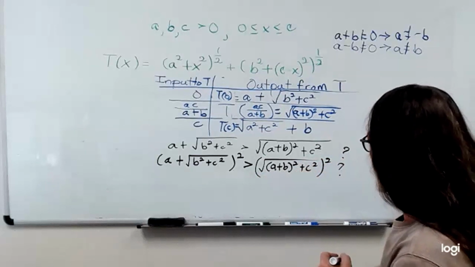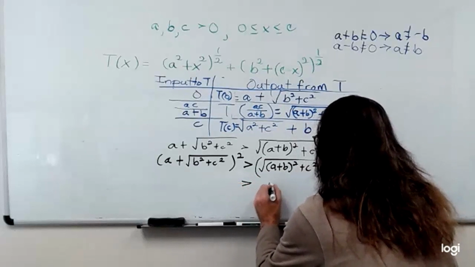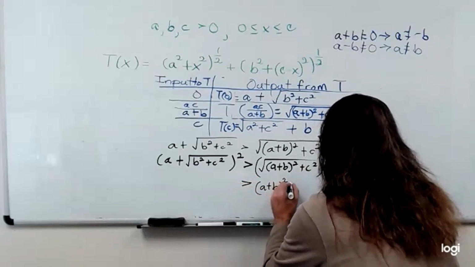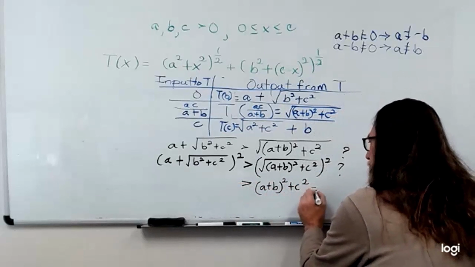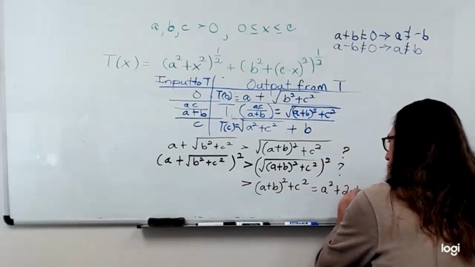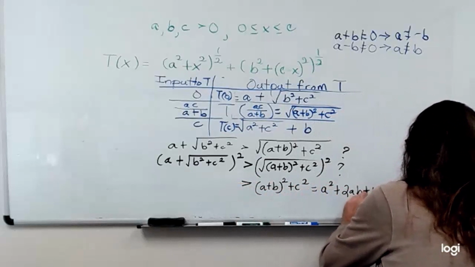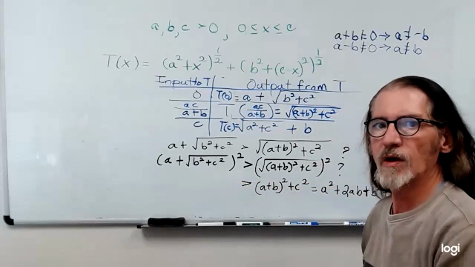Just going to cancel out the square root over here. And that will give us a squared plus 2ab plus b squared plus c squared on the right-hand side.